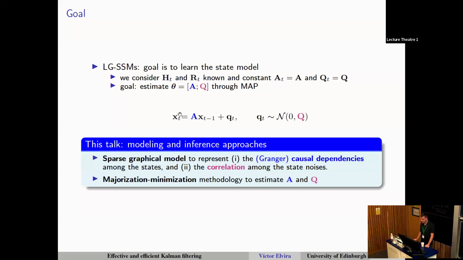So remember, this is the latent state in the linear Gaussian state space model. We assume A and Q to be constant over time. So those are the two matrices, one matrix each. And in this case, it's going to be the majorization minimization methodology, which is the broader family where EM is a particular case. So we are going to have some methods that are related to EM, but not necessarily strictly EM, but those are probably details.